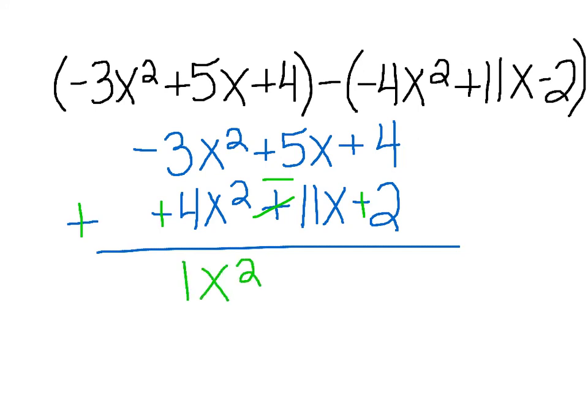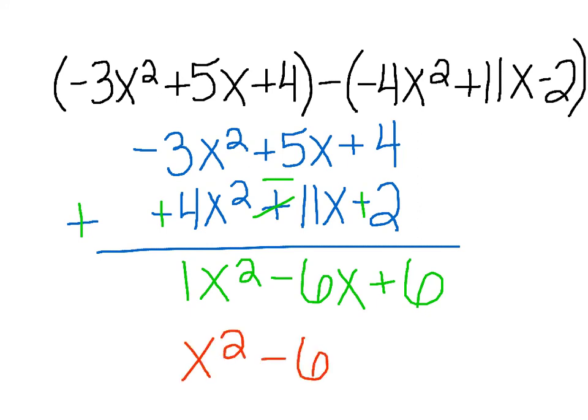Plus 5x minus 11x. 5 minus 11 is negative 6x. And then we have 4 plus 2, which is plus 6. So my final answer, no matter which method I used, if I did the horizontal method or the vertical method, would be x squared minus 6x plus 6.